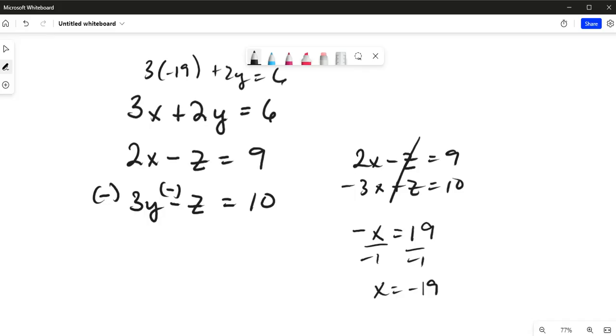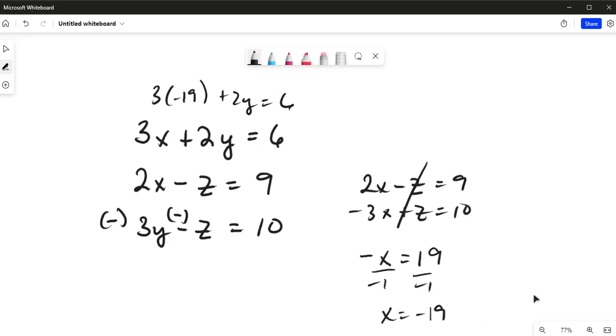Is it just me or is this one easier than the other two? Maybe I wrote it down wrong.